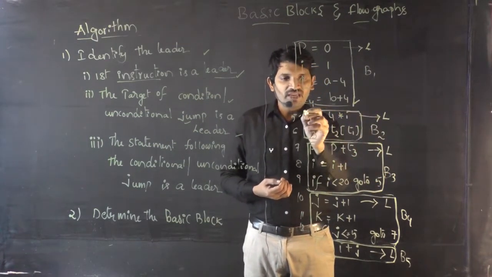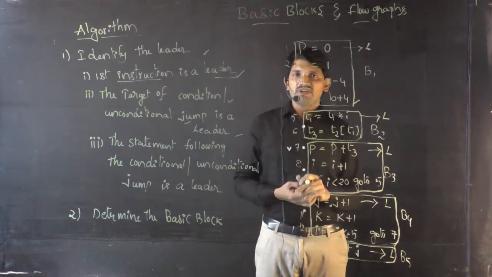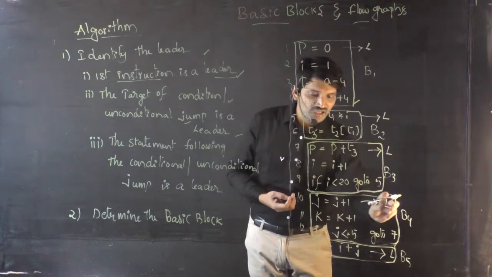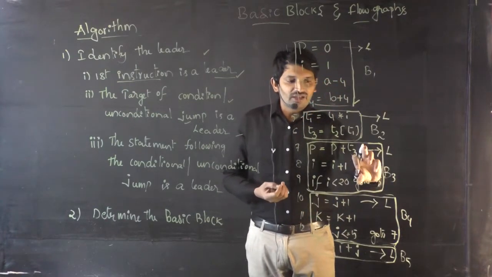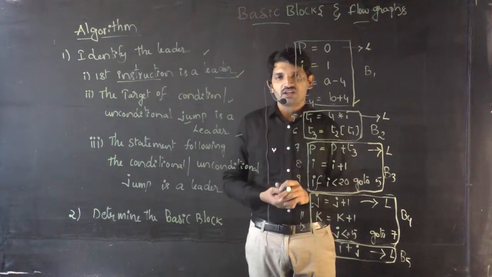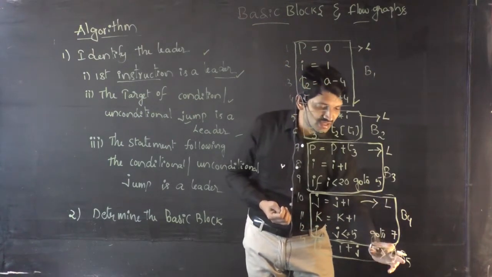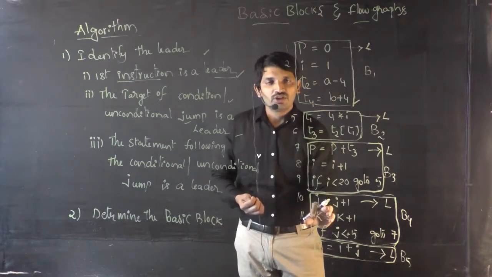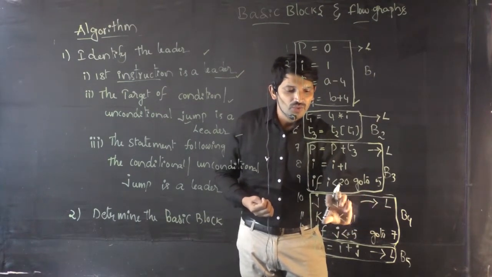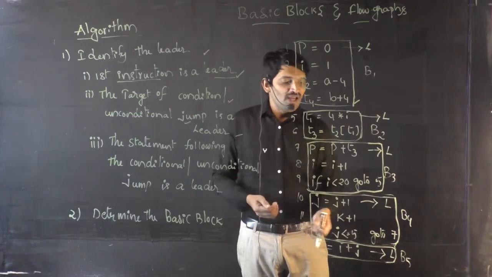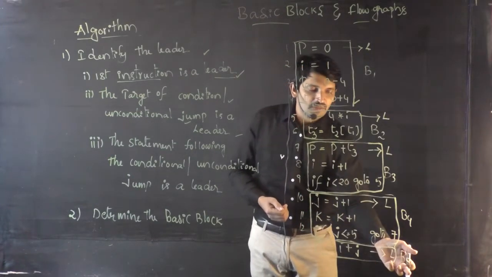So we kept these two instructions in basic block 2. Now come to basic block 3: we found the next leader at the 10th instruction. So until the 10th we kept it in the third basic block. Come to basic block 4: we found the next leader at the 13th instruction. So the 10th, 11th, 12th instructions are in basic block 4. And the final one is basic block 5.